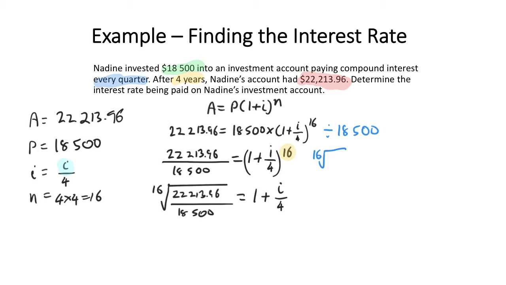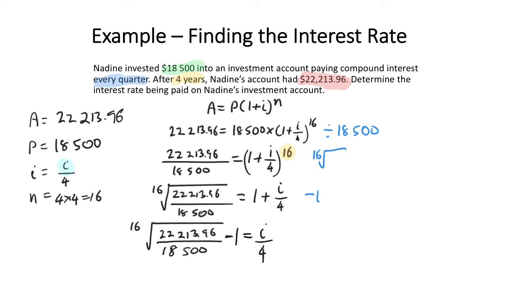So continuing to work through, next I'm going to remove my plus 1. Opposite of plus 1 is going to be to subtract 1. So I want to subtract 1 on both sides. So the 16th root of 22,213.96 divided by 18,500 minus 1 is going to equal I over 4.